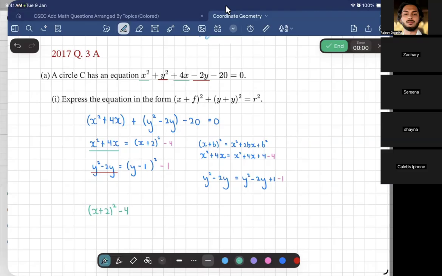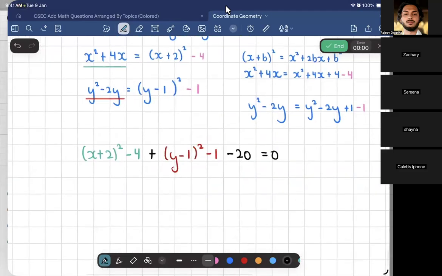Caleb, what is the red part going to be replaced with? y minus 1 squared minus 1. Okay, and what is still remaining from the original thing? Minus 20 equals 0.